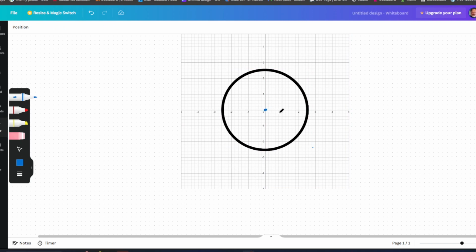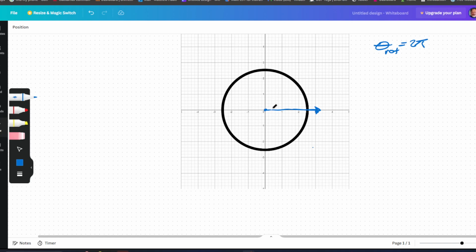So if we want to start to get a sense of what some of our common angles look like in radians, we're going to start with the one thing we know. The radian measure, again theta, of a full rotation is 2 pi radians.